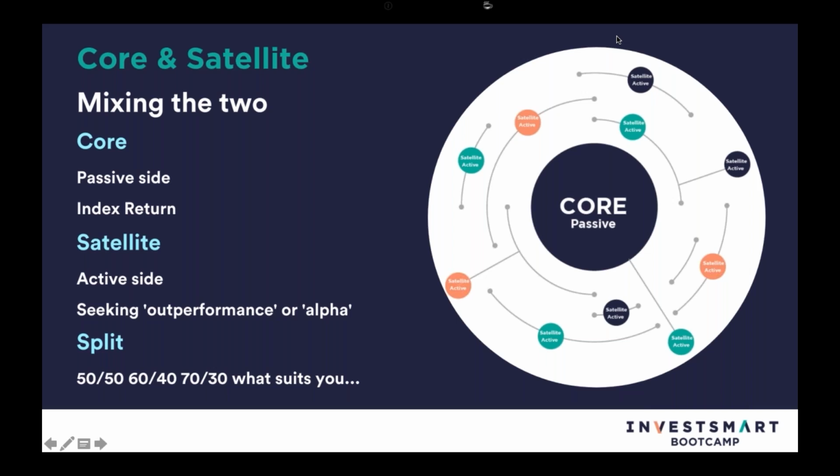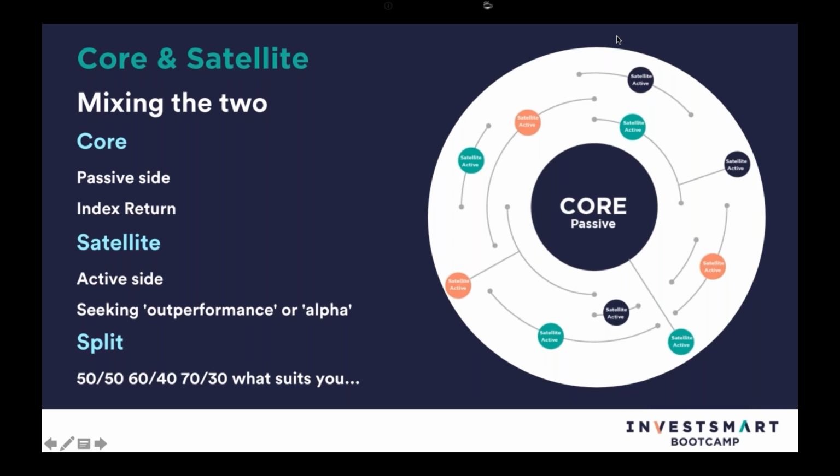But then on the satellite, you could have a more active approach. This is where you're seeking to outperform or even try and beat the market. We call this alpha. And it could be a mixture of different things. It could be a managed portfolio by Intelligent Investor. It could be shares that you want to invest in yourself through your own broker. It could be property. A number of different types of assets can fit into that.